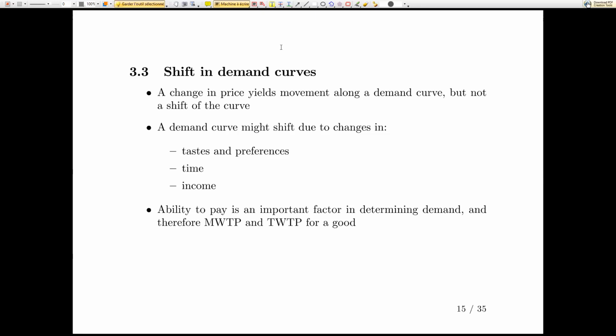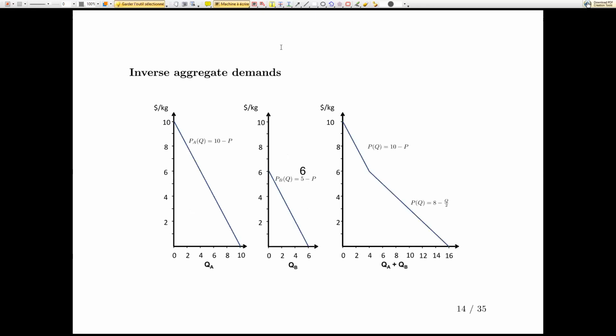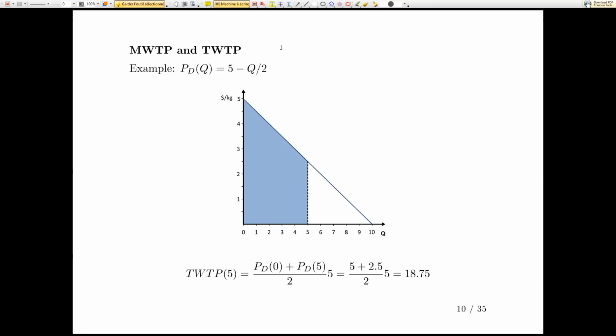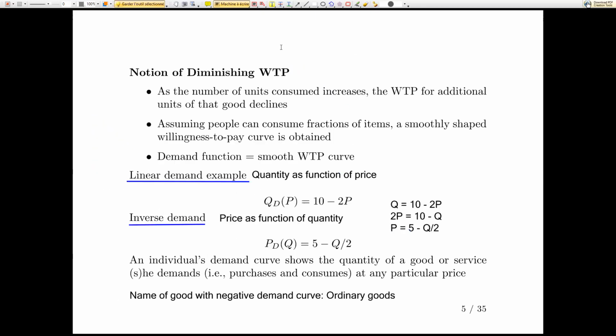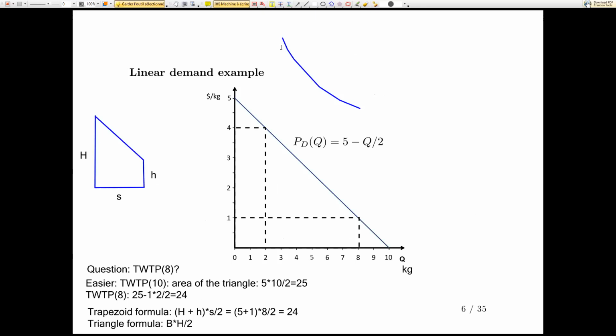So let me go back here, for instance. If there's a change in market price, how does that affect quantity demanded? Well, for instance, if market price falls from 4 to 1, that's a movement along the curve.